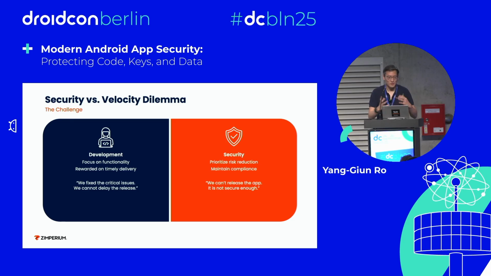So you have that pressure, but on the other side, you have a certain security demand. If something happens, you're probably the first person that people will point their fingers at. So the trade-off is either you release vulnerable apps, or you delay the release cycles of your applications, which is a painful place to be in.